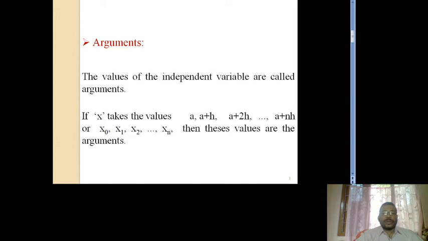If the independent variable takes the values a plus h, a plus twice h, a plus n h, then these arguments are taken from the independent variable x when the intervals are of equal width. But if we consider the values x 0, x 1, x 2, x n, then it is clear that the arguments are considered from the unequal width of intervals of the independent variable.